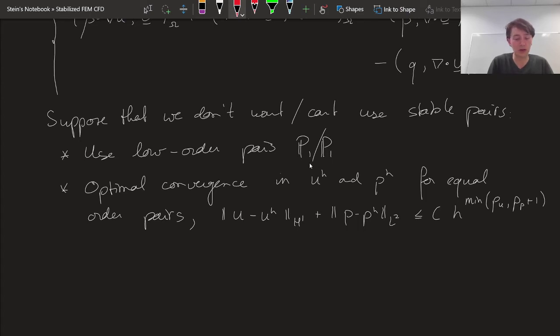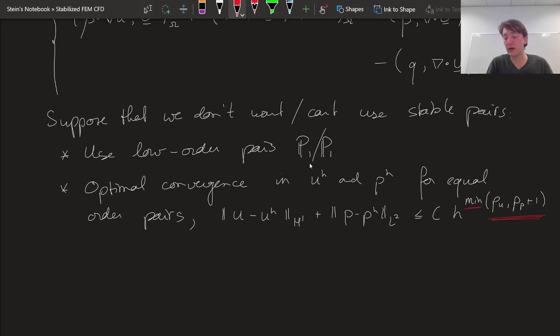Well, given this inf-sup condition and this upper bound of our error, we're essentially throwing away a whole bunch of degrees of freedom that don't contribute, because if you have equal order interpolation, for instance 2, 2, then the degrees of freedom for the pressure don't contribute, right?